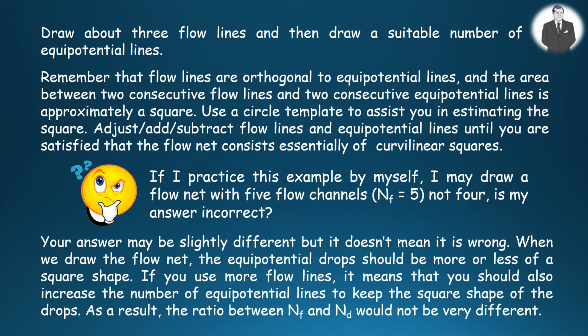If you use more flow lines, it means that you need to increase the number of equipotentials to keep the square shape of the drops. Consequently, the ratio between the number of flow channels and the number of equipotentials would not be very dissimilar.